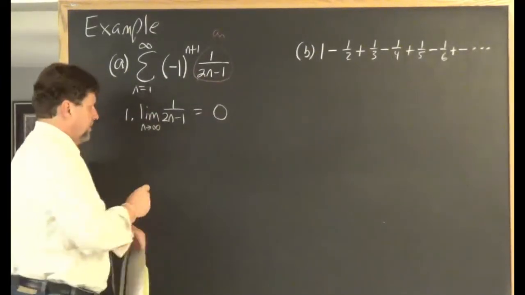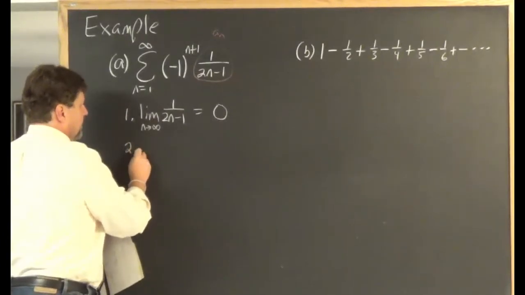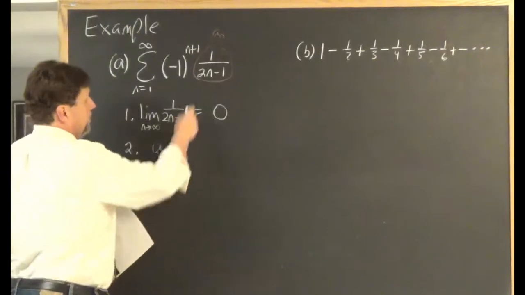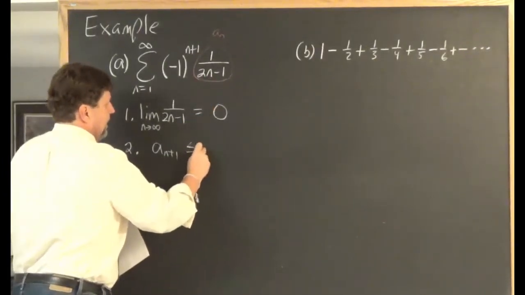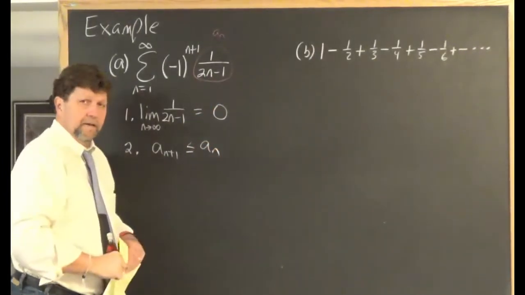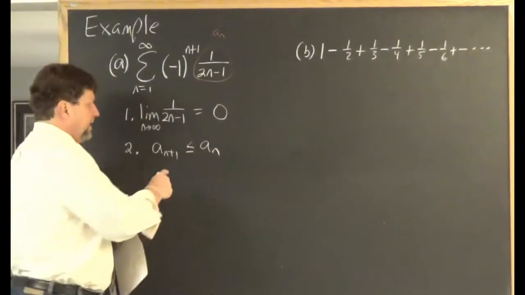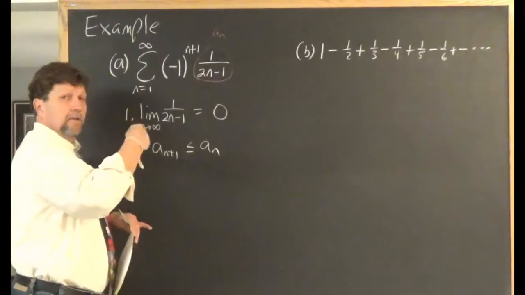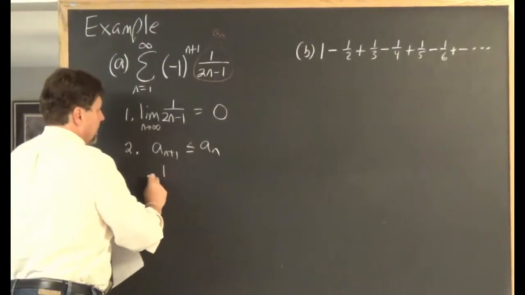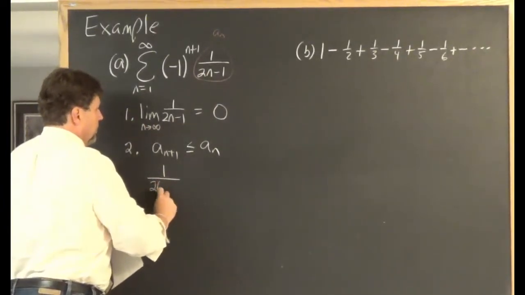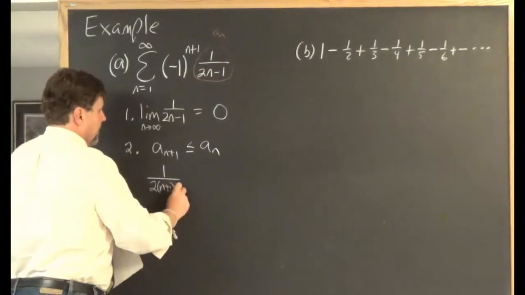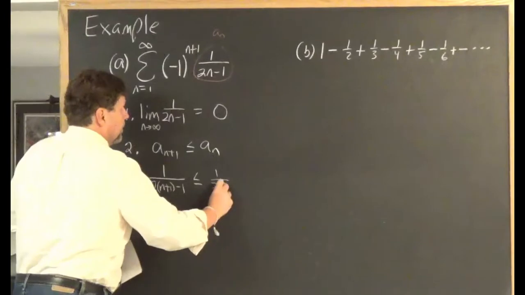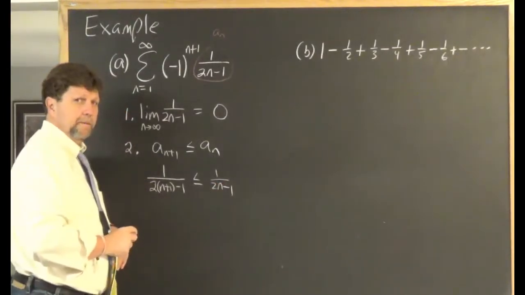Condition 2: is a sub n plus 1 less than or equal to a sub n? Remember, a sub n plus 1 is nothing more than putting n plus 1 into the n here. So you'd have 1 over 2 times (n plus 1) minus 1, less than or equal to 1 over 2n minus 1.